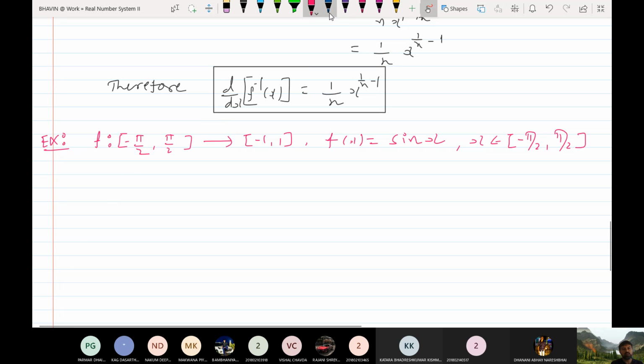Now what is the derivative of this function? f dash x. Derivative of sin x is cos x. Now cos x is positive if x belongs to minus pi by 2 to pi by 2. ये पता है ना आपको, ऑल एस टी सी.